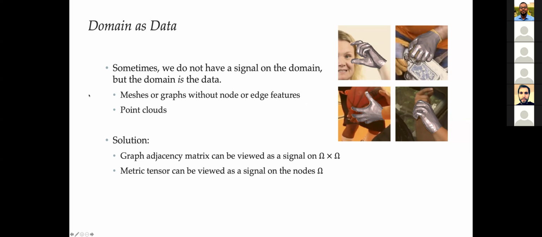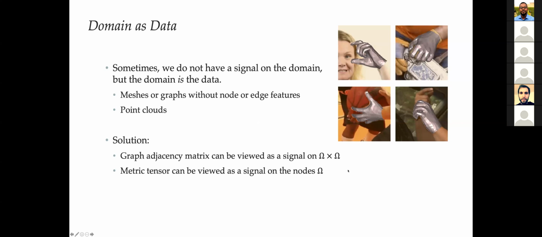To deal with this, there are some tricks people like to use, such as using the graph adjacency matrix. That is the matrix of size n by n, where n is the number of nodes, where you have an entry 1 in position ij if node i is connected to node j, and 0 otherwise.